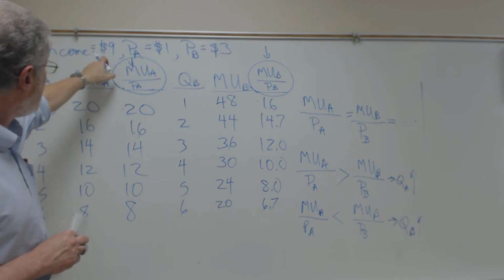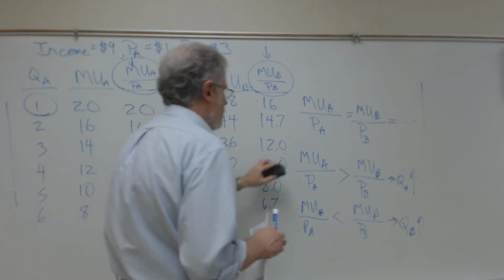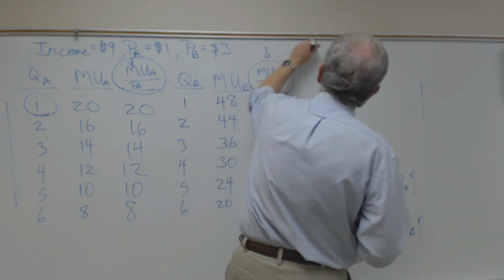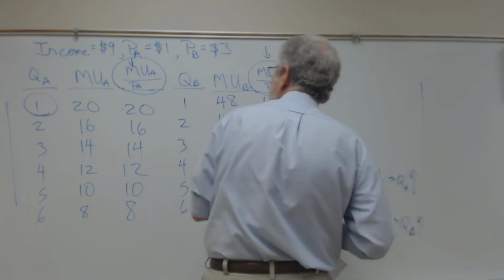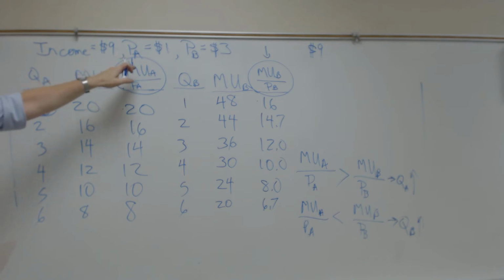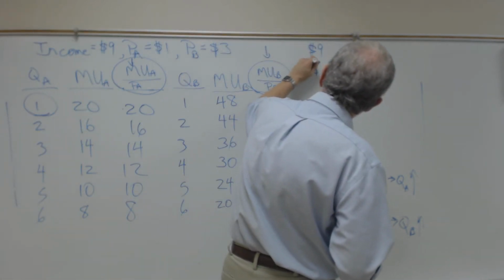He starts out with $9 of income. Okay? He's got $9 to spend. When he buys the first apple, what does it cost him? Well, the price of apples is $1, so he is spending $1.